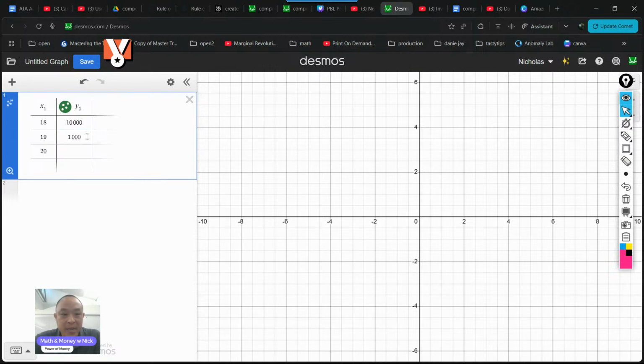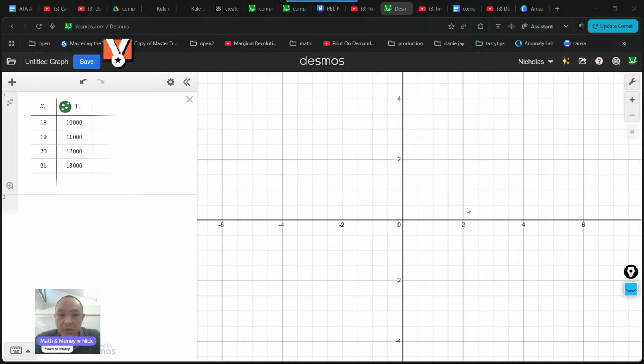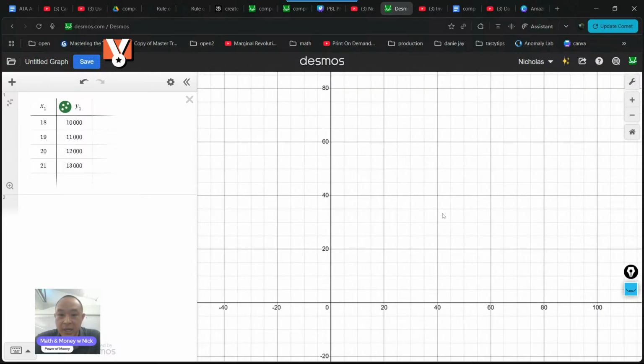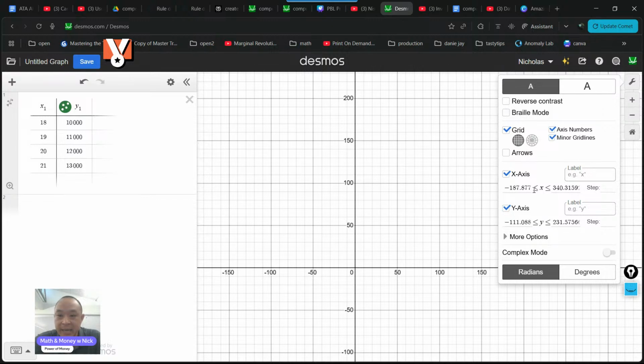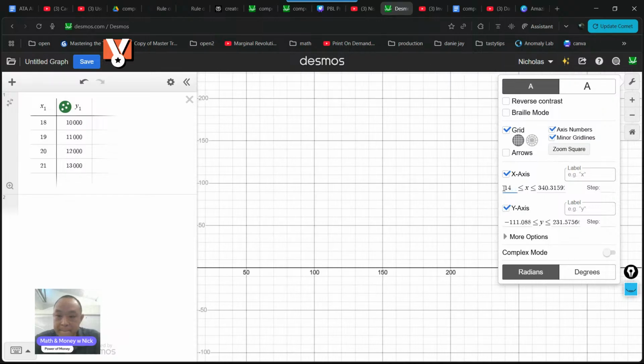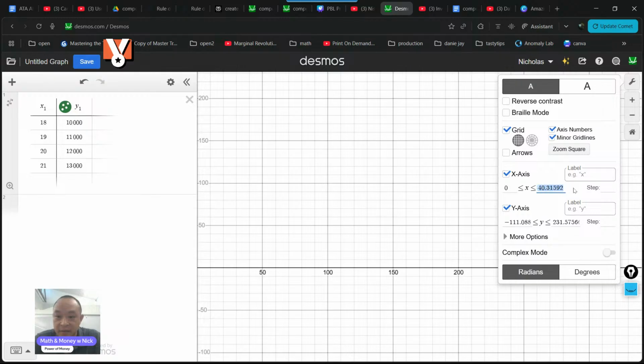So with 10%, you'll have $11,000. Then you'll have $12,000, etc., and then you have $13,000. And here, this is how you can scale your graph so that you can actually see the points. I just click on the wrench and we'll make the x-axis, which is your age, go from 0 to, let's say, 65.